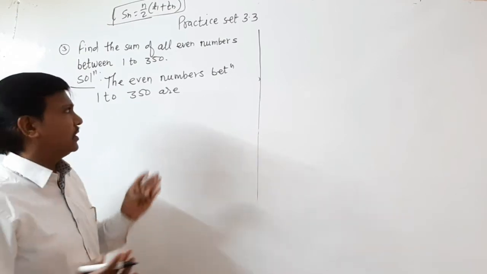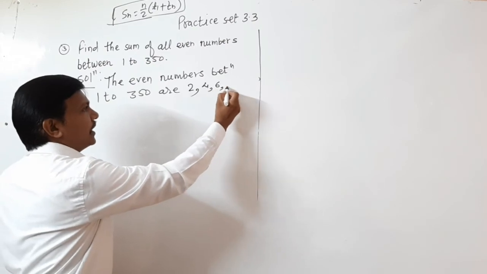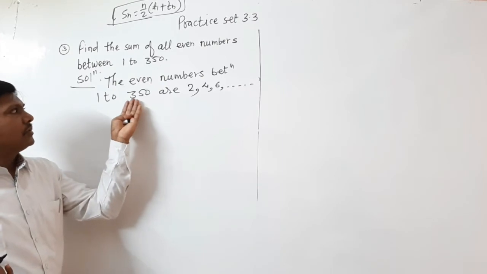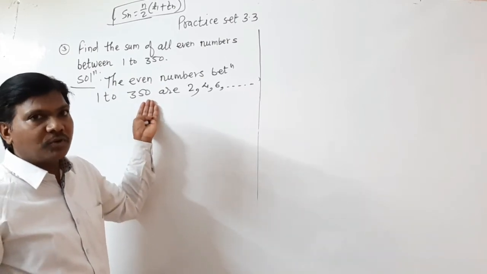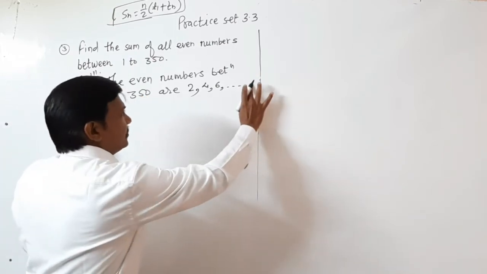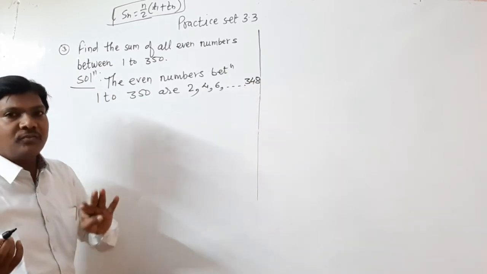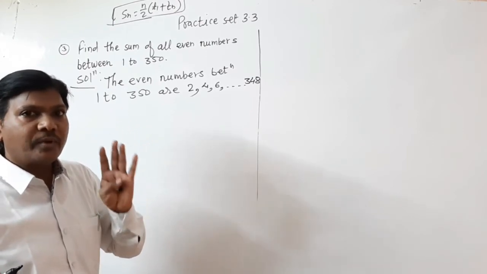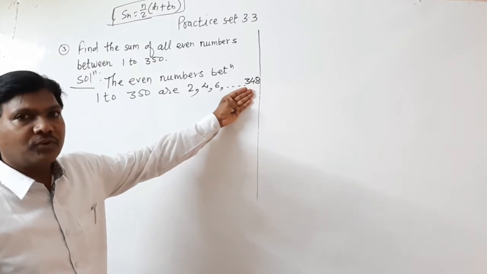So 2, then 4, then 6, and the last number would be 349, but 349 is an odd number, so the last number is 348. This is important, 348. 350 is not the last number, because the question says between 1 to 350. So the last term, that is Tn, is 348.